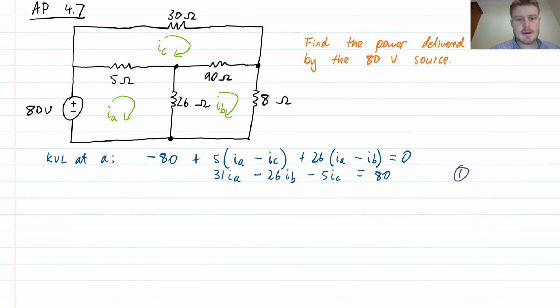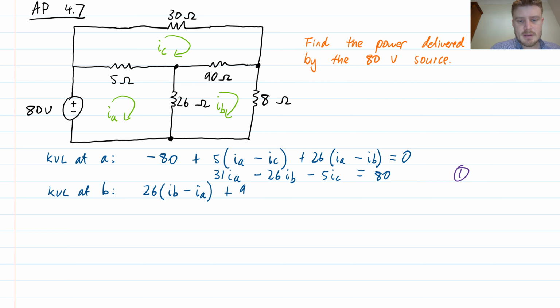Looking at mesh B, if I do Kirchhoff's voltage law at mesh B, then here is what I will get. I'll start at the bottom and look at that 26 ohm resistor first. So 26 ohm resistor, IB minus IA, because IA is flowing in the opposite direction.